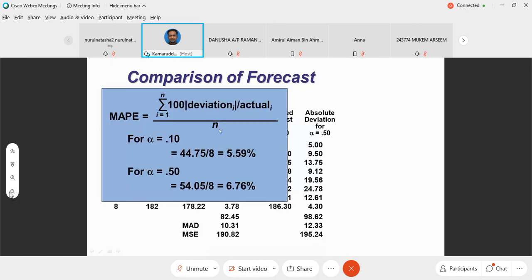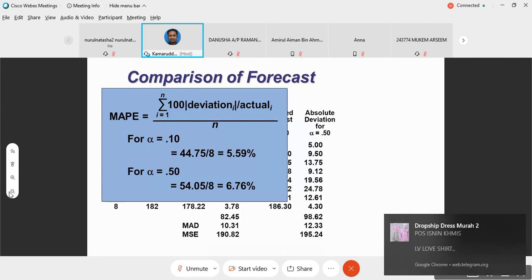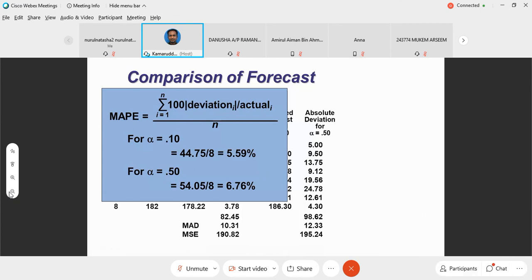So, based on this error, using the MAPE technique, we found that the exponential smoothing with the alpha value of 0.1 provides the lowest percentage error of 5.59%.